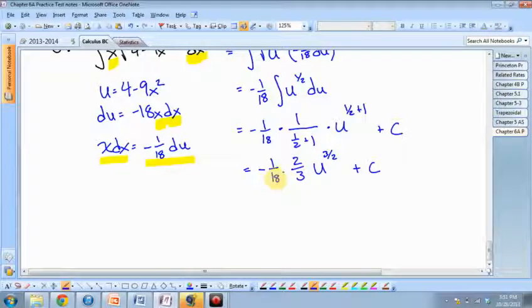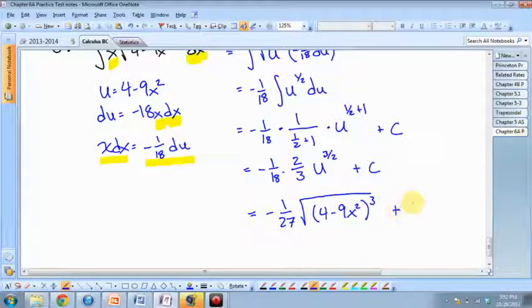So 2 and 9, that's 1 over 27. No, 1 over 9. 9 times 3 is 27. So negative 1 over 27 square root of 4 minus 9x squared cubed plus constant.